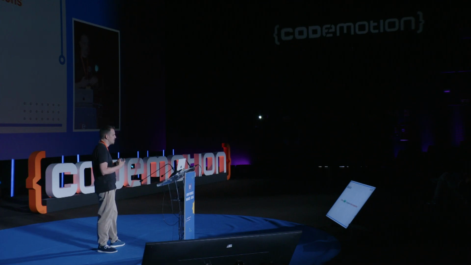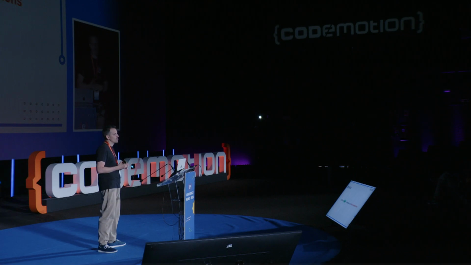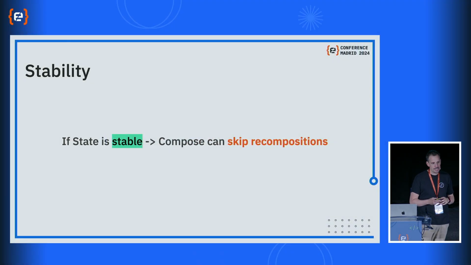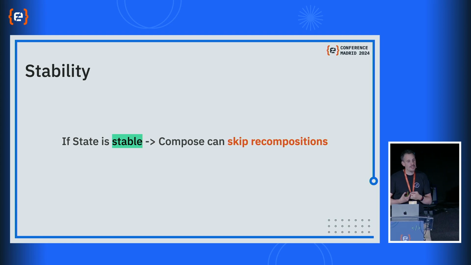But compose is smarter in this situation, and will be able to skip recompositions of the children even if the parent needs to be recomposed. For instance, because the parent has had some states change, but the children are keeping the same state. So if the state of a composable is stable, compose can skip the recompositions of those composables.